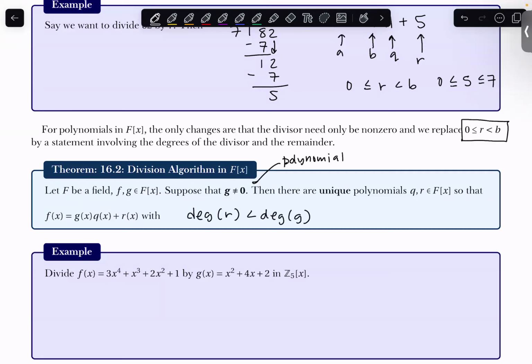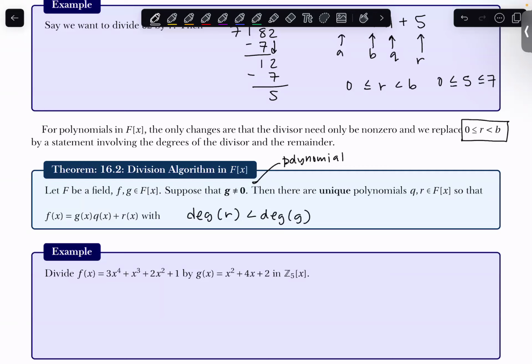Okay, and we know the degrees of all of our polynomials are at least 0. So we can really think I have 0 less than or equal to the degree of r, less than the degree of g, to give us the same statement. Something else that we want to be careful about is, what if it divides nicely? Then I have no remainder. My remainder could be the 0 polynomial, but the zero polynomial doesn't have a degree, and so I want to treat that differently.